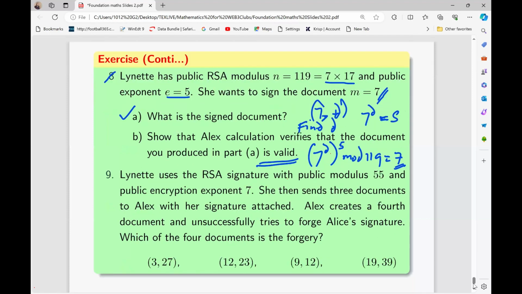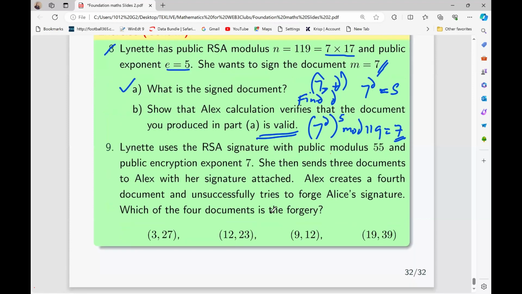Now the last question. The same Lynette uses an RSA signature. This time the modulus is that, and the public encryption exponent is this. This is our E, the encryption exponent. She sends 3 documents to Alex. This time, Alex is supposed to tell which of these is a forgery.